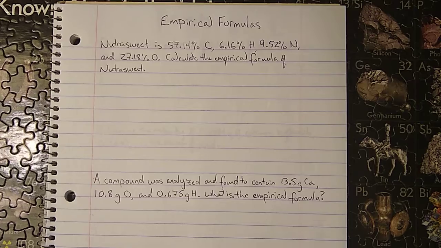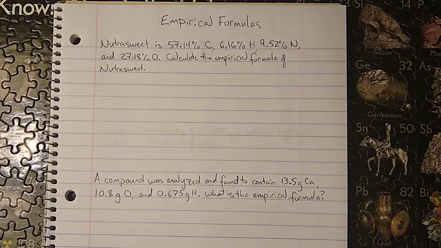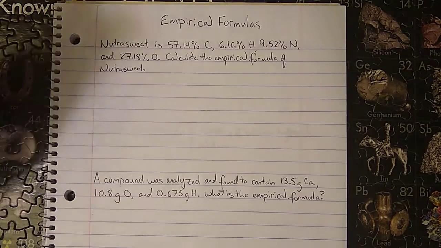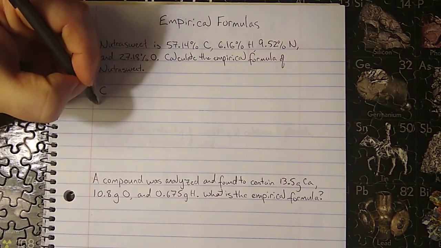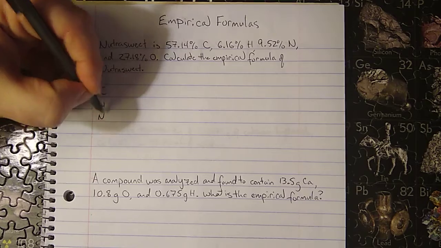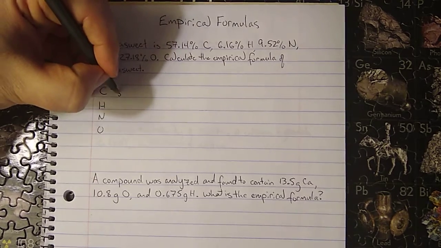To find an empirical formula, you need to go through the three-step process. So the first thing you want to do is write out your elements and their percentages.